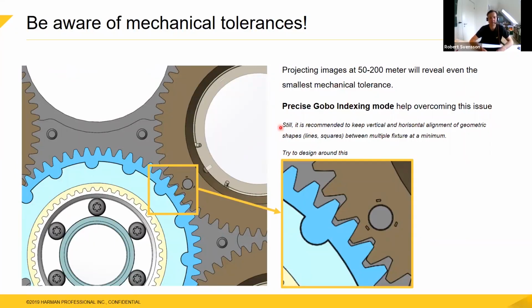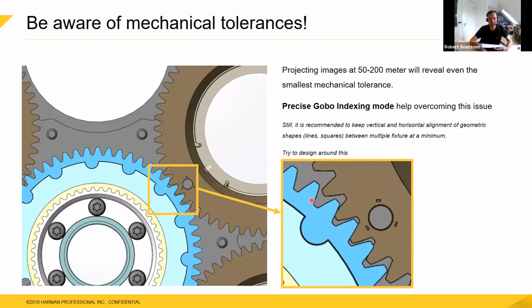So what we have in our products is what we call a precise gobo indexing mode, and that will help overcome this mechanical issue, if you want, that we cannot remove from a mechanical point of view. And the idea is that we always index from one rotation direction.